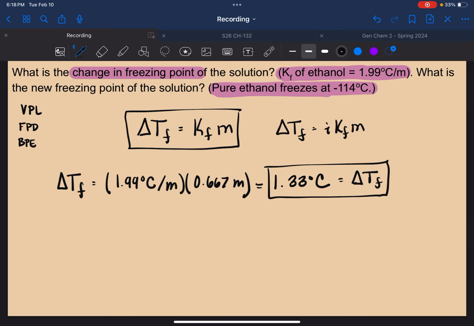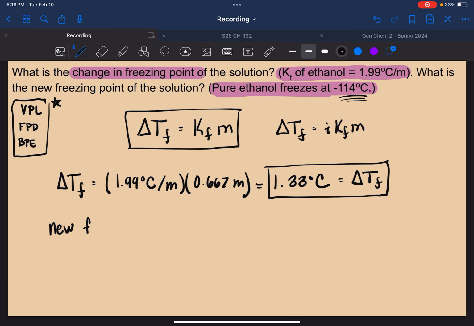Now, you cannot stop here because you have to remember these relevant directions. Do not tell me that the freezing point is 1.33 degrees Celsius. First off, that's so far off from the number I gave you. And secondly, that's not even freezing point depression, right? You're in the wrong direction if you do that.